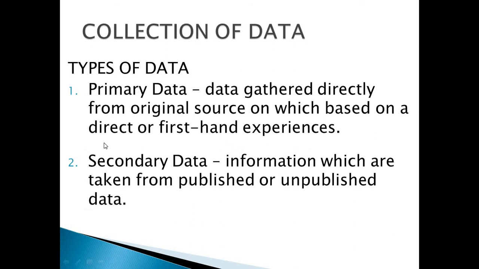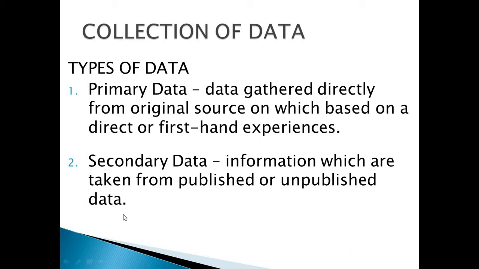For collection of data, take note that we have two types of data. The first one is the primary data, and the second one is the secondary data. Of course, primary data has more advantages than the secondary data because it gives you more reliable information. Primary data are data gathered directly from the original source, based on direct or first-hand experiences.